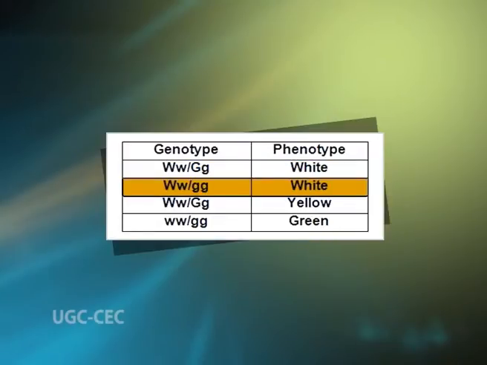In the second row, the genotype is capital W, small g, small g. The phenotype is white. In the third row, the genotype is small w, capital G, small g, and the phenotype is yellow. In the fourth row, the genotype is small w, small g, and the phenotype is green.